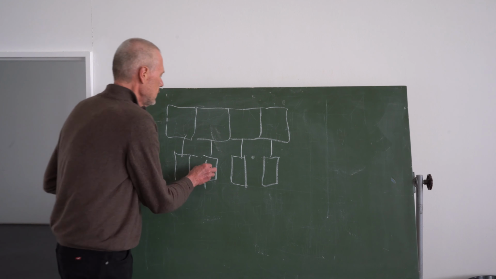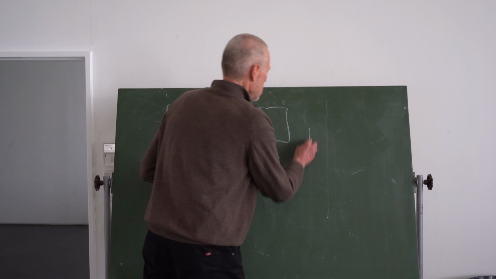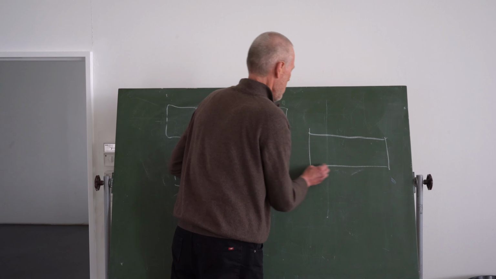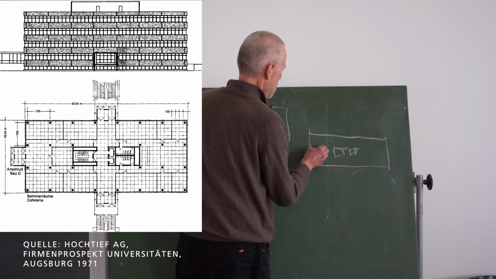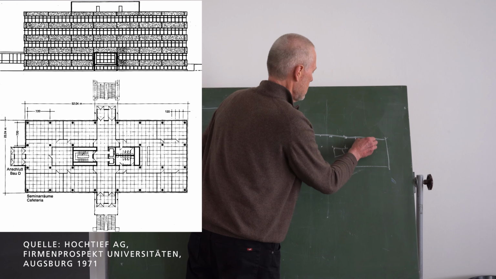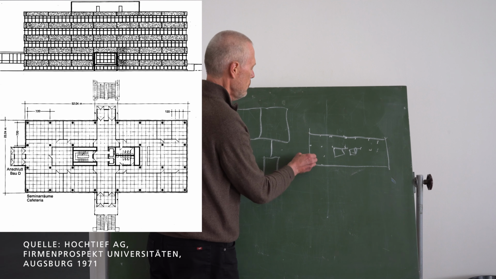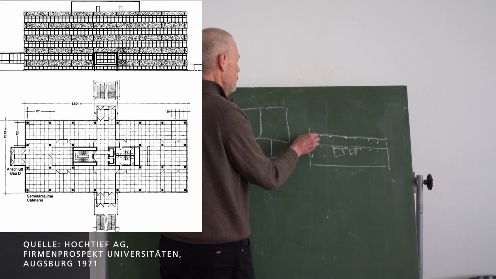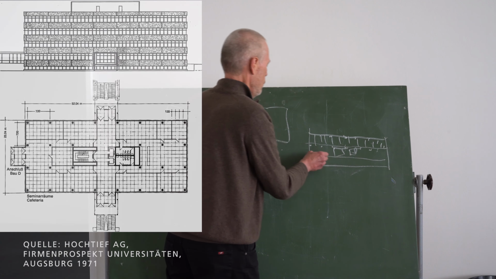And these buildings were produced in a series, and they are rather simple in structure, core, and also a square grid, but not as universal as in the case of Marburg, but rather something which could be inhabited in a rather pragmatic way.